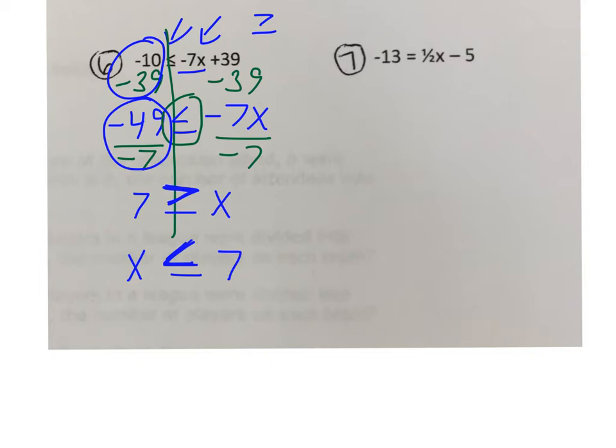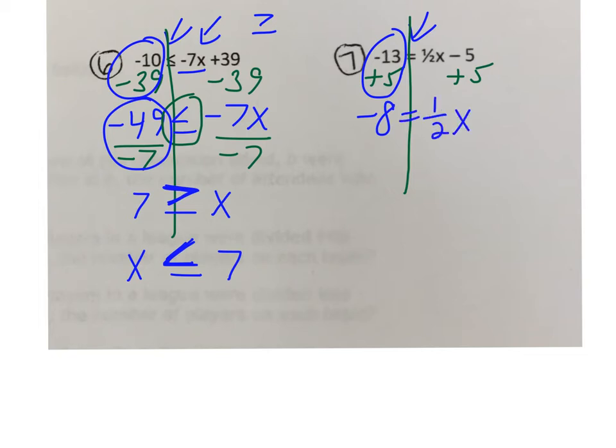Now number 7. You're going to know that this is an equation, not an inequality, so we don't have to worry about flipping signs. You do realize that the zombie is on the right hand side, so let's run away from the zombie. Plus 5, plus 5. This then interprets as negative 8 equals 1/2 x.